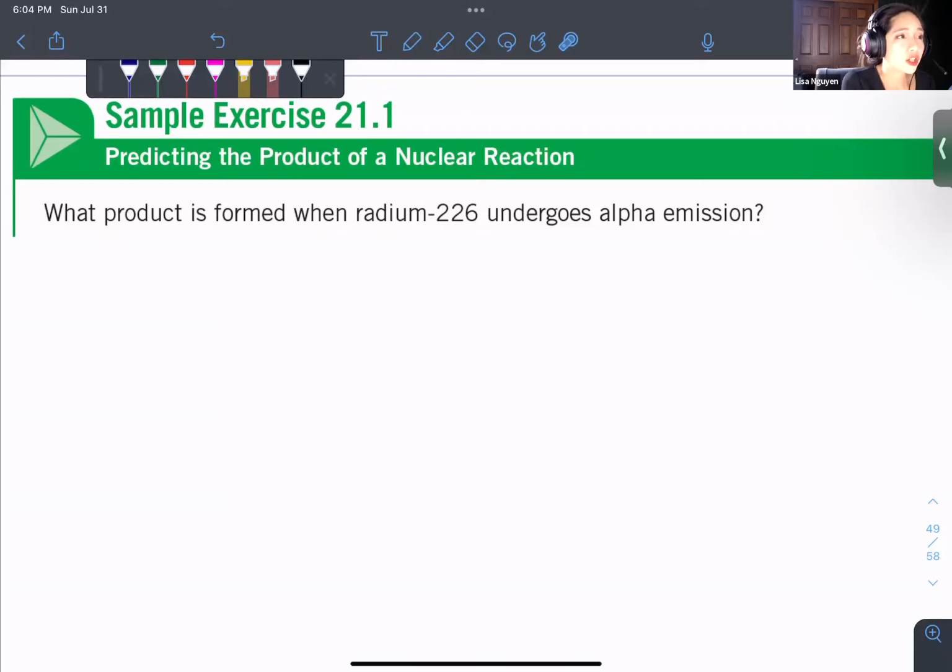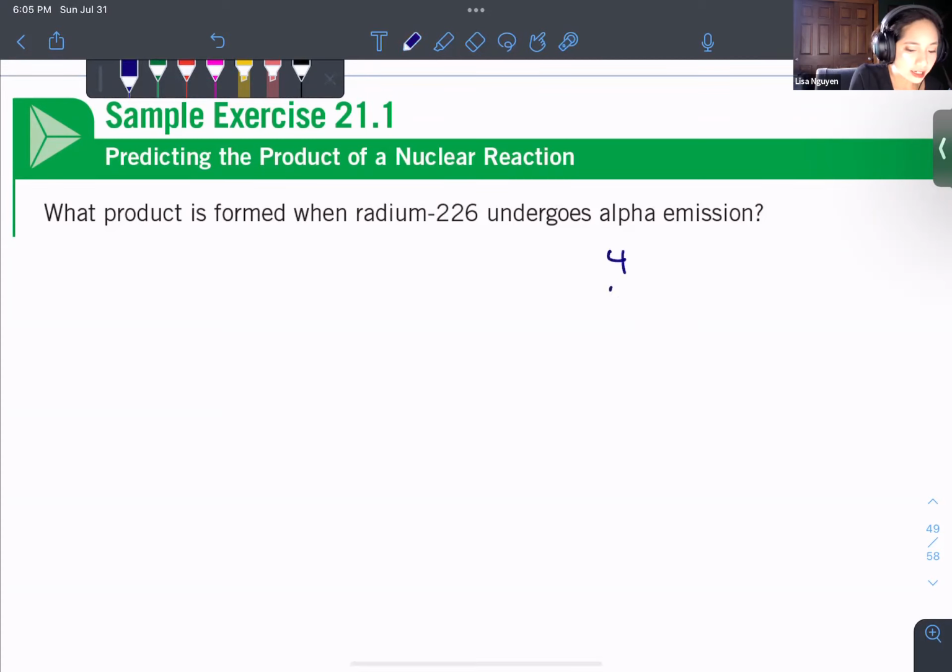In this question, it's asking what product is formed when radium-226 undergoes alpha emission. Note the words here: it tells you what your products and reactants are. Alpha emission means that an alpha particle is being emitted.